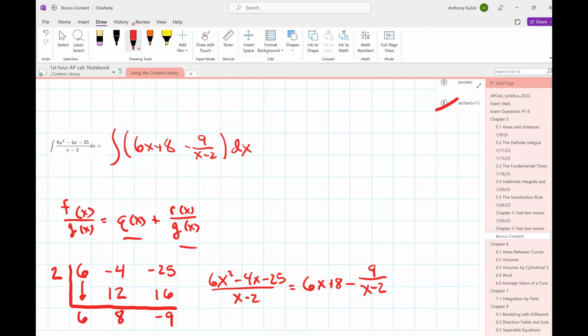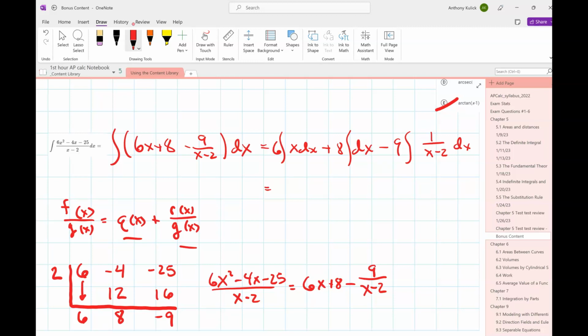So I can rewrite my integral as this, which is lovely because the integral distributes. And now we're in a much better place.